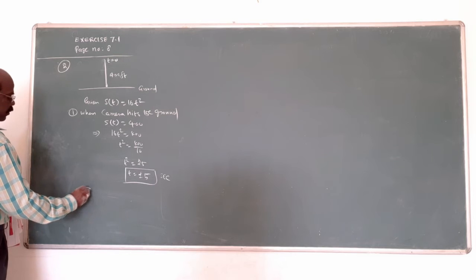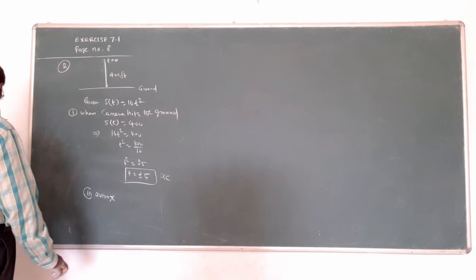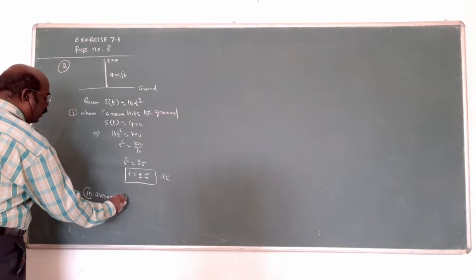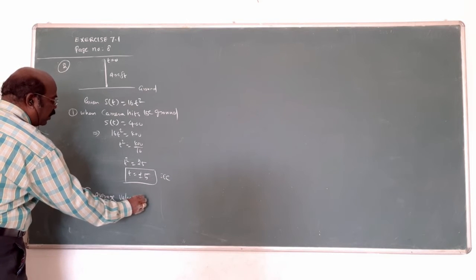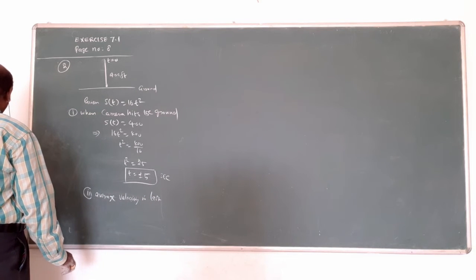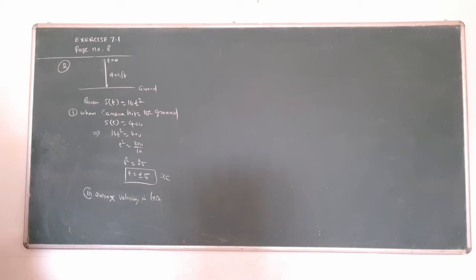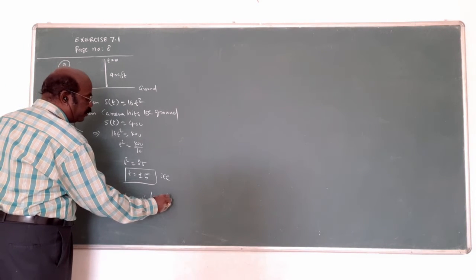Next one is the average velocity in the last 2 seconds. The question, second subdivision, is the last 2 seconds.